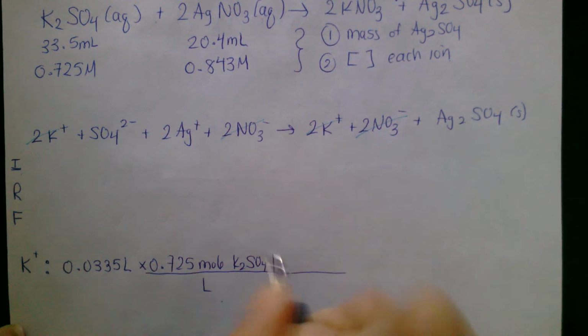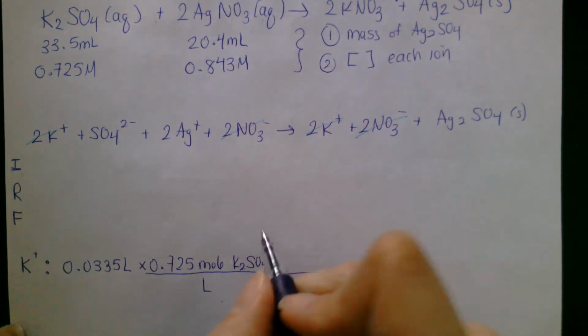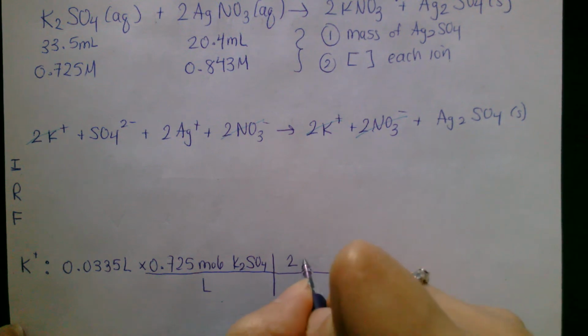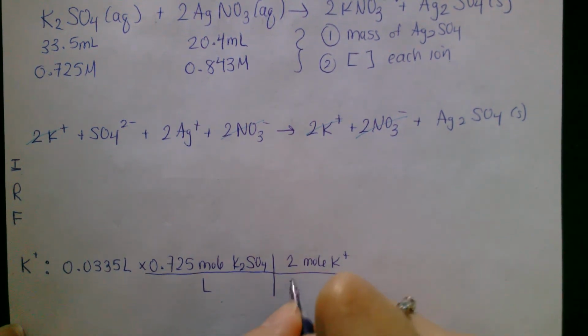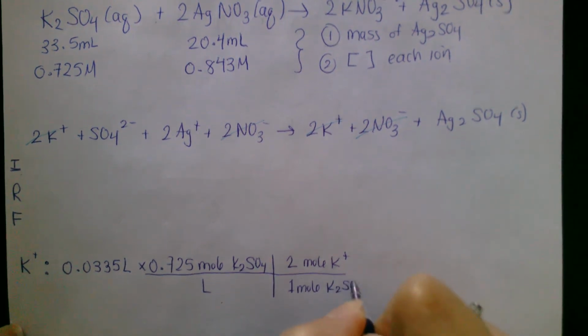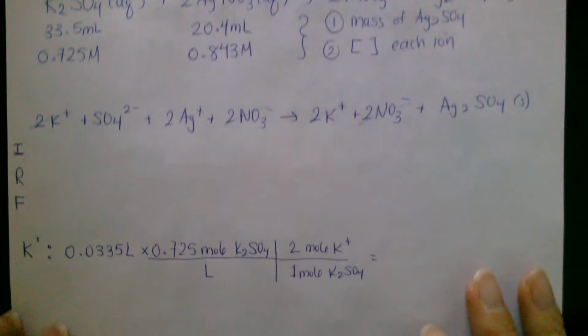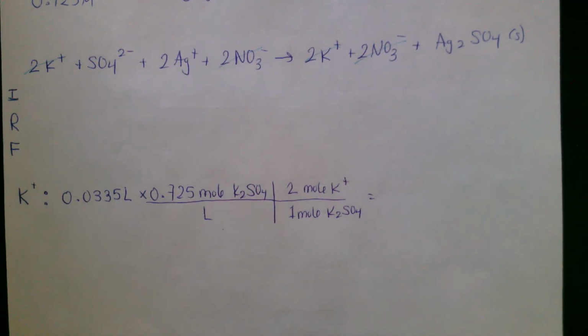And since I need potassium and not the compound, I know that 2 mole of potassium for every 1 mole of K2SO4. So when I solve for my concentration of potassium, I have to have that mole ratio.